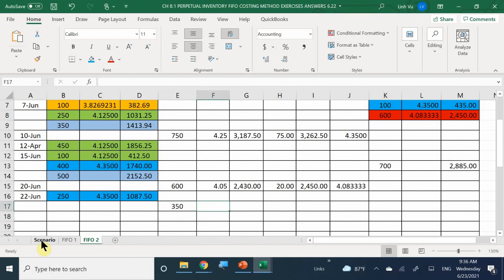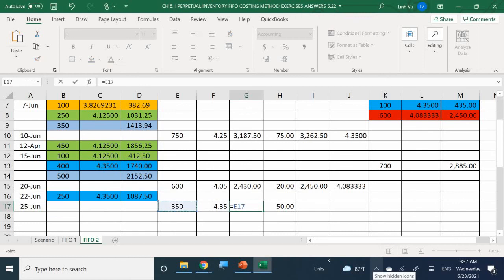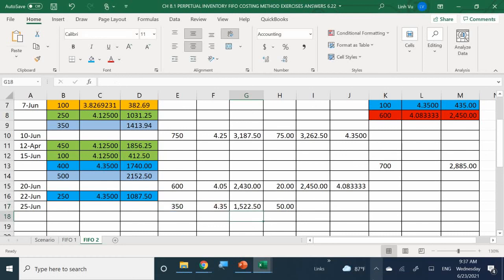$350 at 435, with the freight costing 50. And this was on June 25th. All right? So what's my total purchase price here? $1522.50.